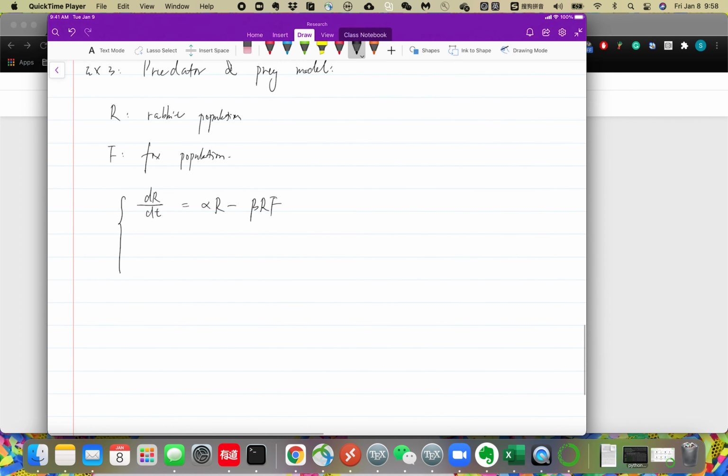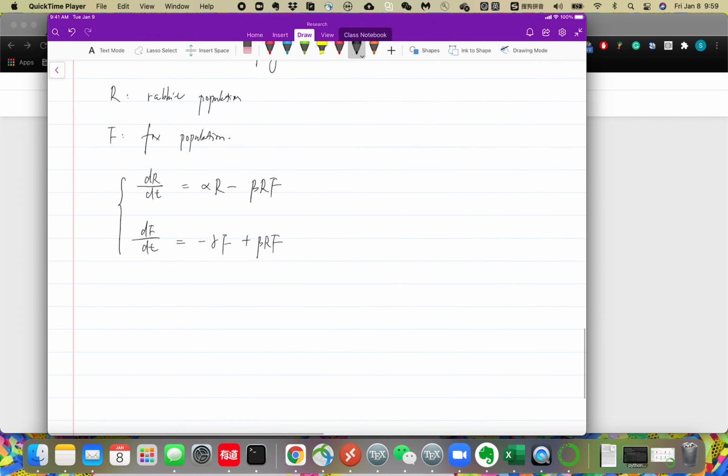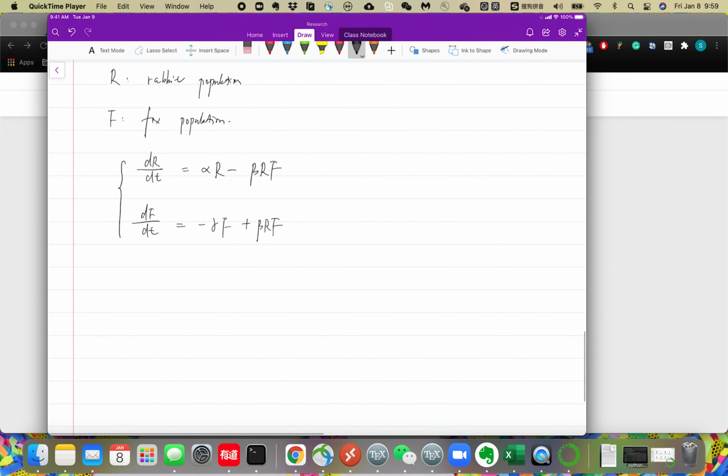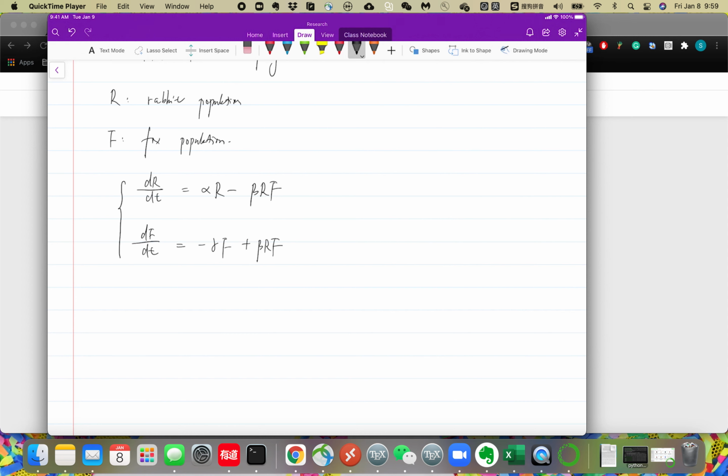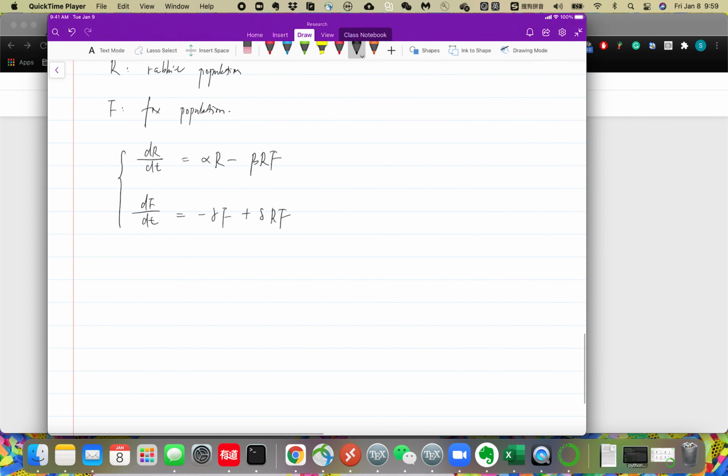This is the first one, and this is the second one. Okay, here R and F are the population, are the variables. Alpha, beta. I shouldn't use beta. This is delta. Okay, so here alpha is actually the growth rate of rabbit.